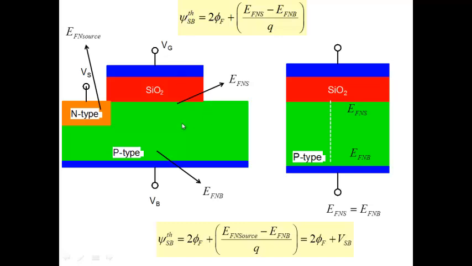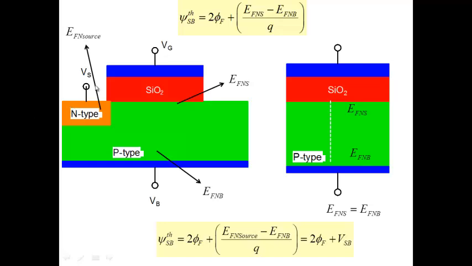Remember we had discussed that when you create threshold, you have an inversion charge here. This inversion charge is N-type, and at that point the channel is connected to the source, which is also N+. The channel is separated from the body. So when you create a threshold condition, the quasi-Fermi level at the surface follows one of these.